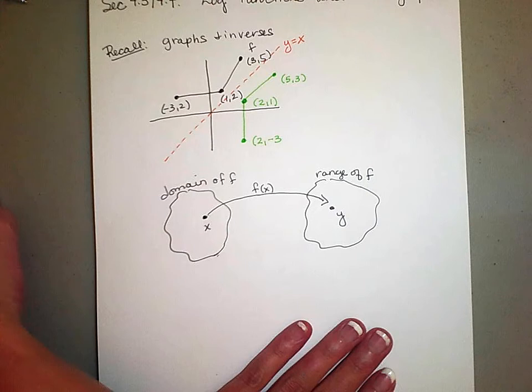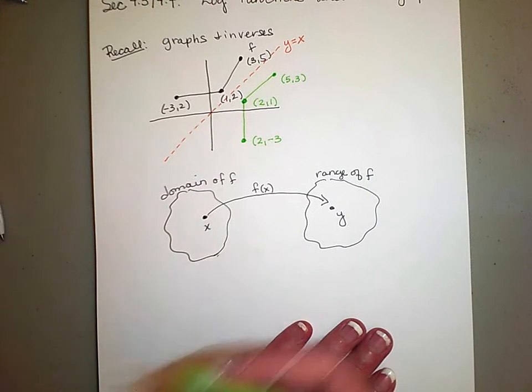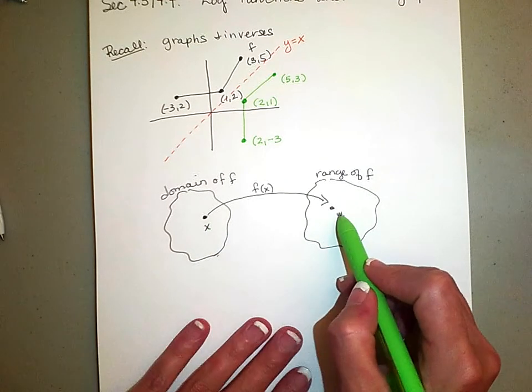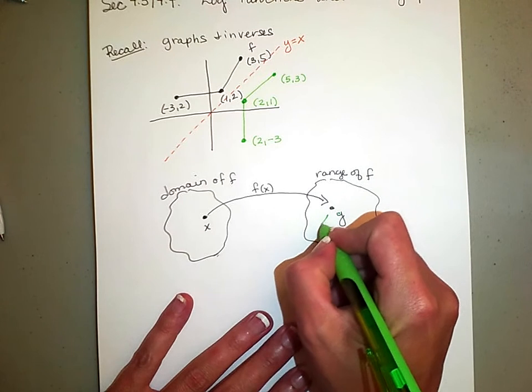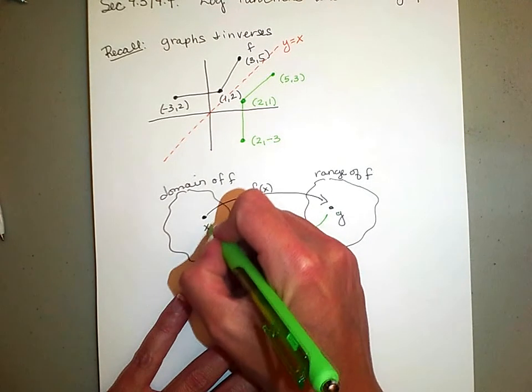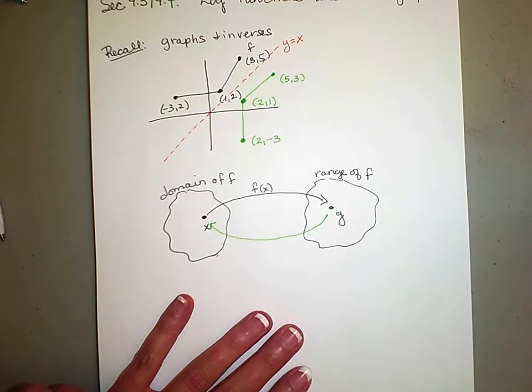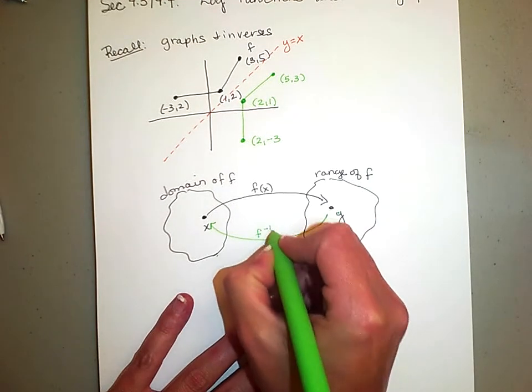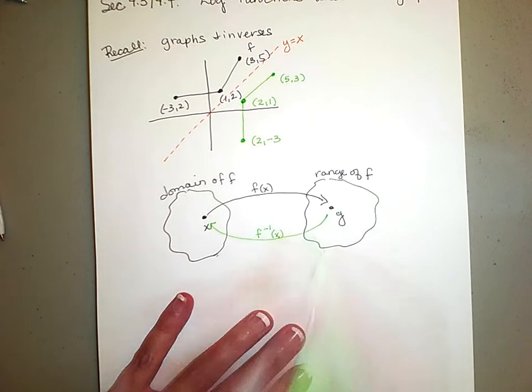But I'd really like to know, how do I undo what has happened to x? That is, if I'm given a y, can I put y in and come back with x? And that can happen as long as I put it into f inverse of x.